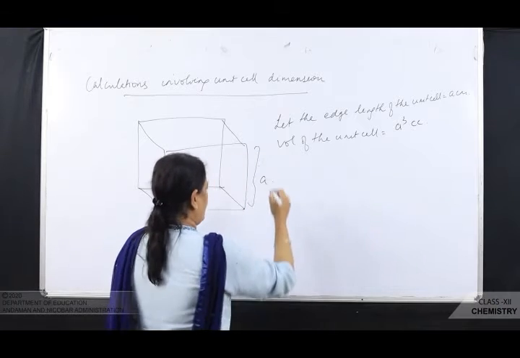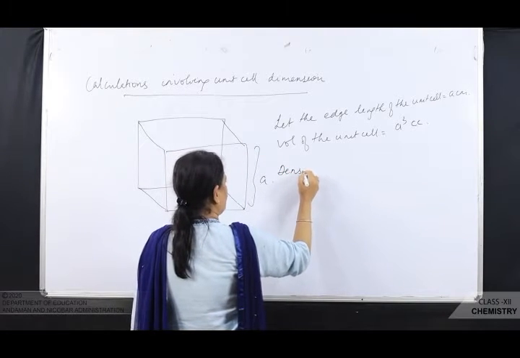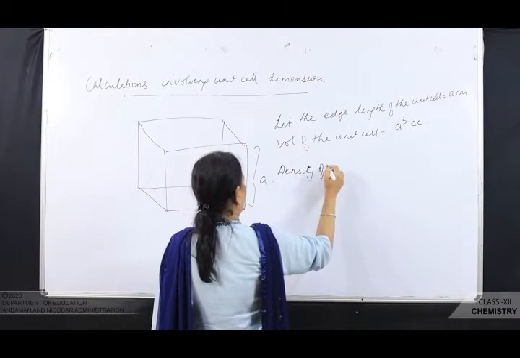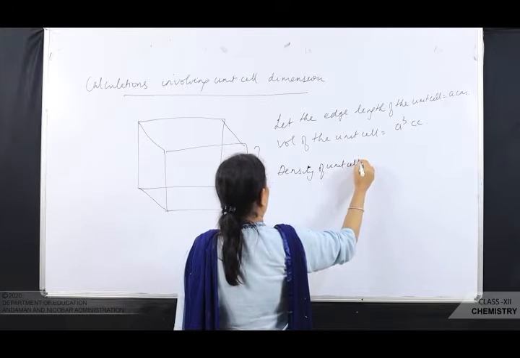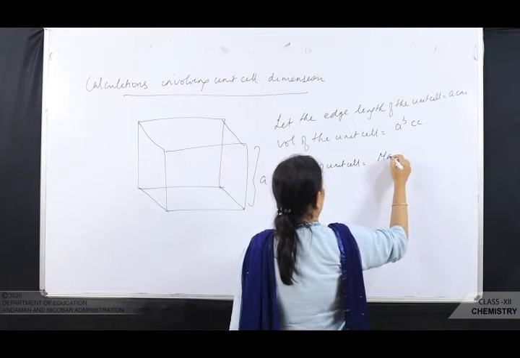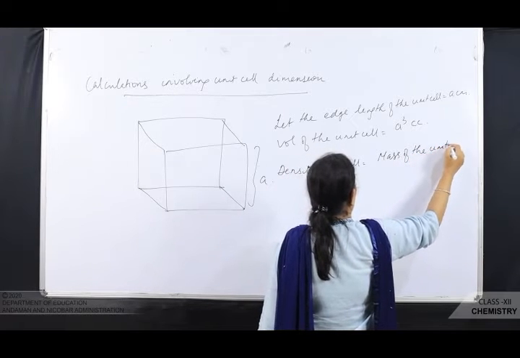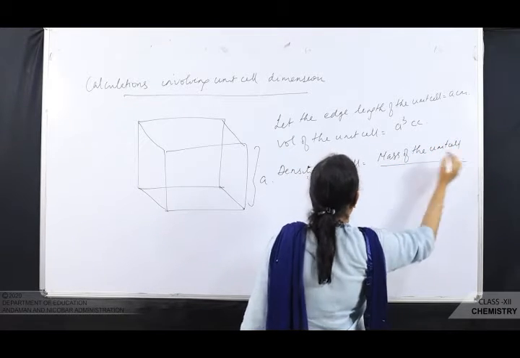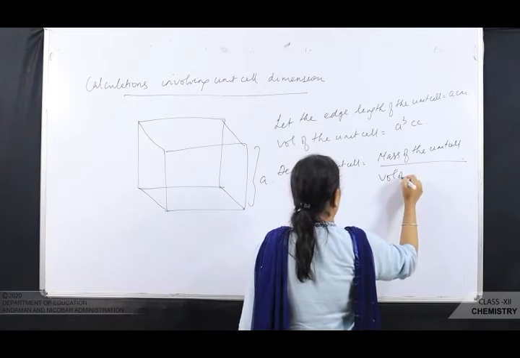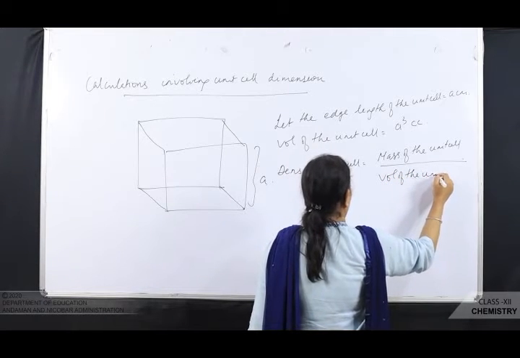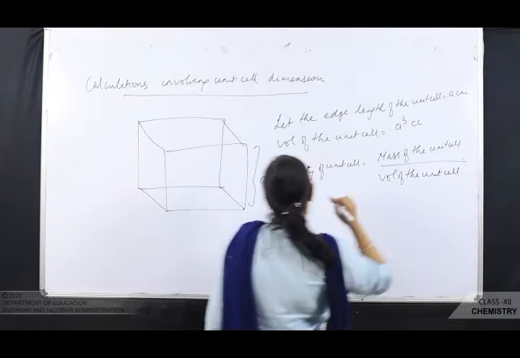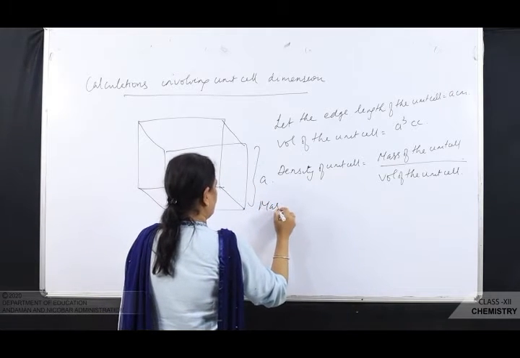Then density of the unit cell is equal to mass of the unit cell divided by volume of the unit cell. Now, how will you find out the mass of the unit cell?